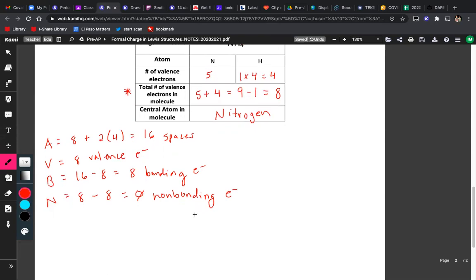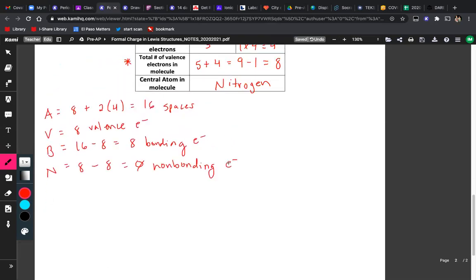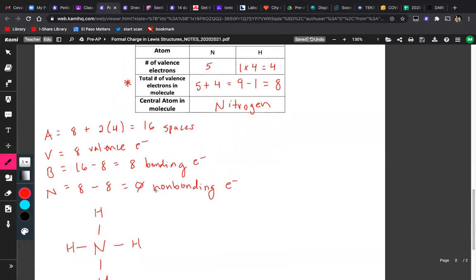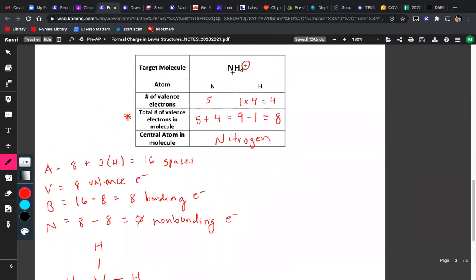All right. So let's go ahead and build our molecule. We know nitrogen is going to be our central atom. So here's nitrogen, right? We have 8 bonding electrons. 2, 4, 6, 8. Hydrogen, hydrogen, hydrogen, hydrogen. So we know that this molecule has a positive charge, right?